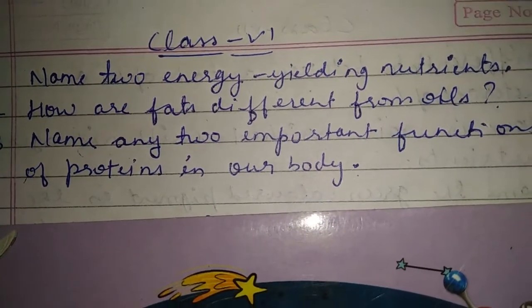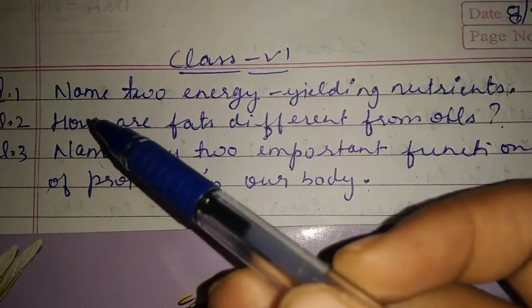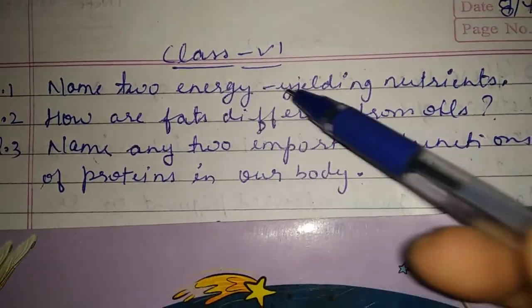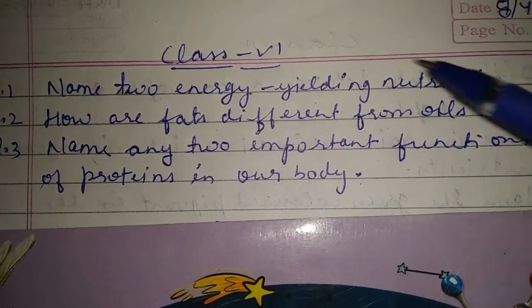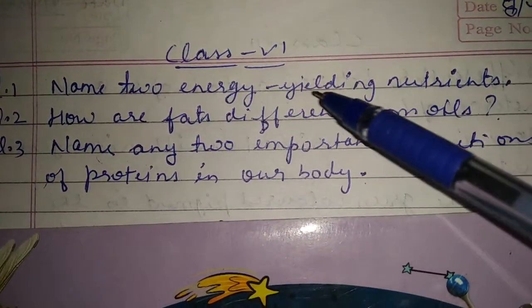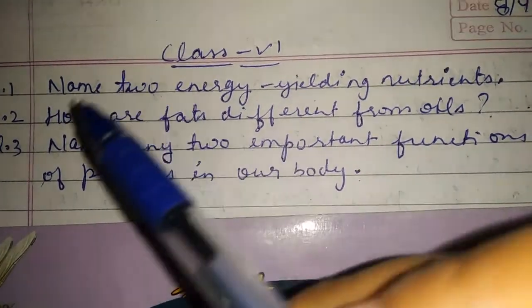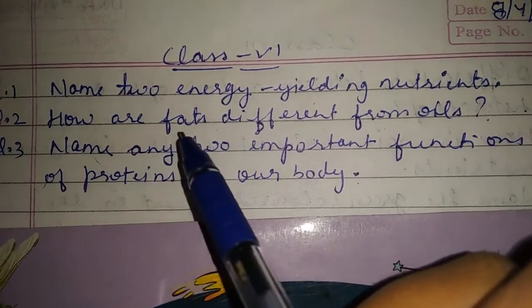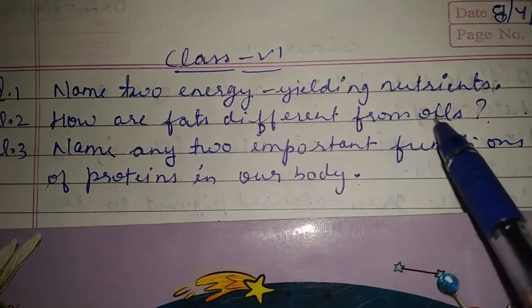Now let's see some questions to check our knowledge. Question number 1: name 2 energy yielding nutrients. In this question you have to name any 2 nutrients which provide you energy. Question number 2: how are fats different from oils?